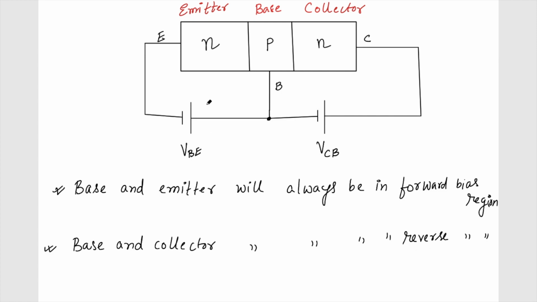Now, depending upon how much voltage I'm applying here and here, how big or how small VCB and VBE are, it will lead to three different regions of operation of this transistor.